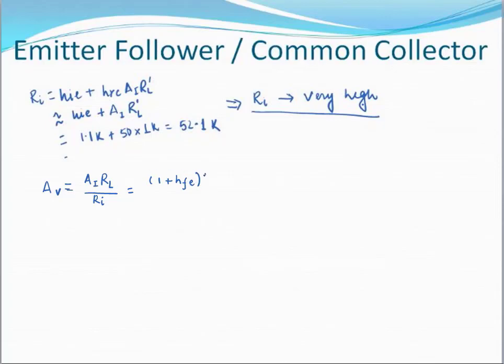RL is nothing but RL dash by RI, which is equal to HIE plus AI RL dash. AI is nothing but 1 plus HFE. So we are using the value of 1 plus HFE in place of AI into RL dash.